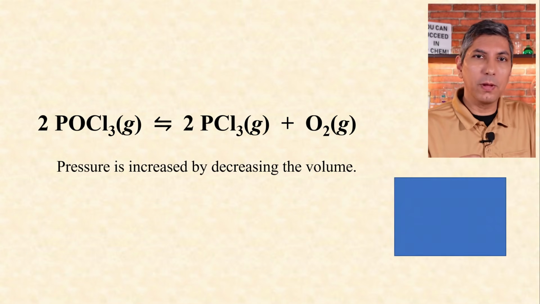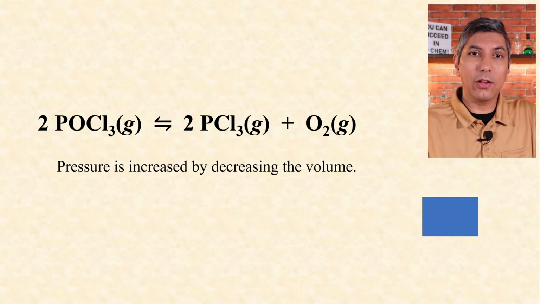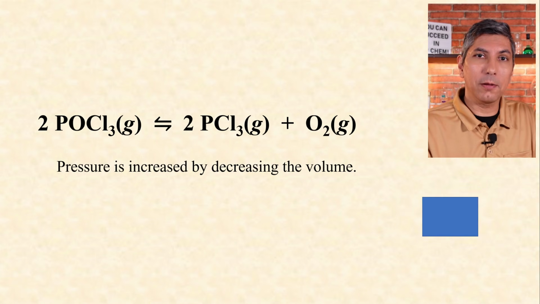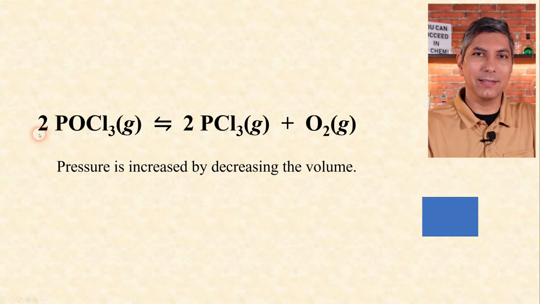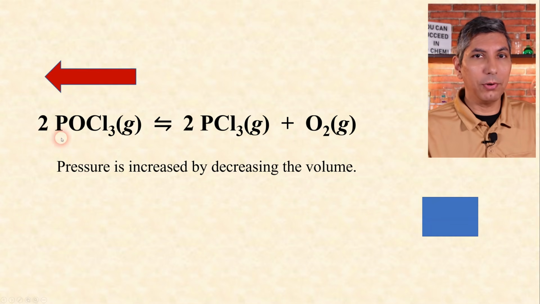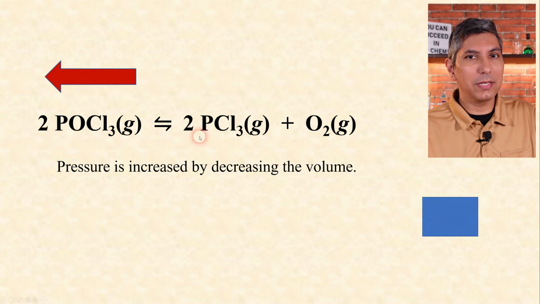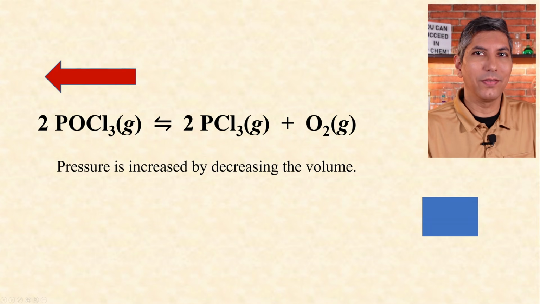If we increase the pressure by decreasing the volume, that means the reaction mixture will have less space to occupy, so the reaction will proceed toward the side that occupies less space, which for this reaction is the reactant side. So we'll see an increase in POCl3 and a decrease in PCl3 and oxygen gases.